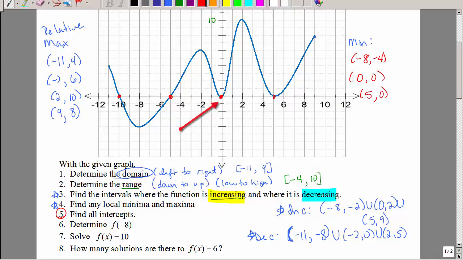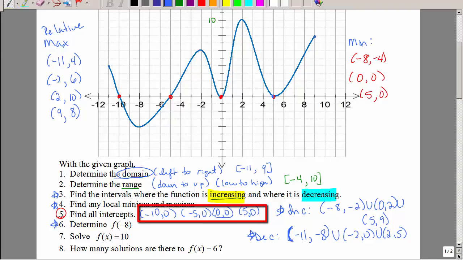So we would include the x and the y-axis. So where would all the intercepts be? At -10, at -5, at the origin, and at +5, and of course the origin also includes the y-intercept.